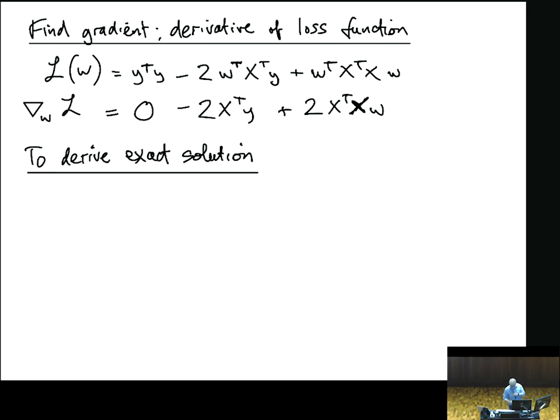Well, let me turn that into a question for you guys. We said there was a 2-step process to find the minimizer analytically, the exact thing. We found the derivative, and then what's the next thing we do? Set it to 0. That's right. That will be the minimizer. So let's do that.